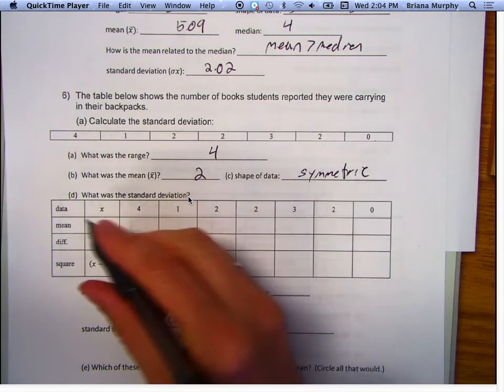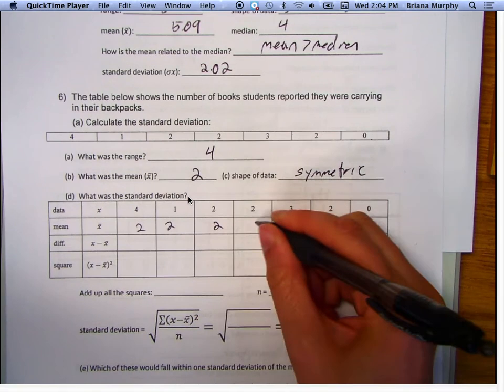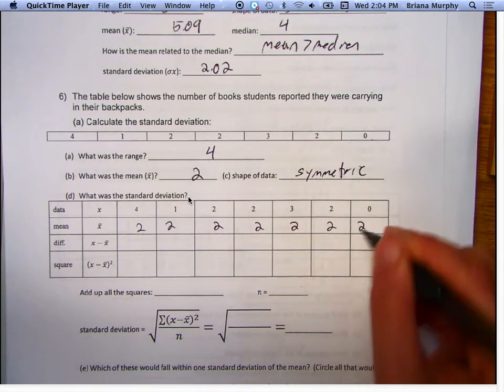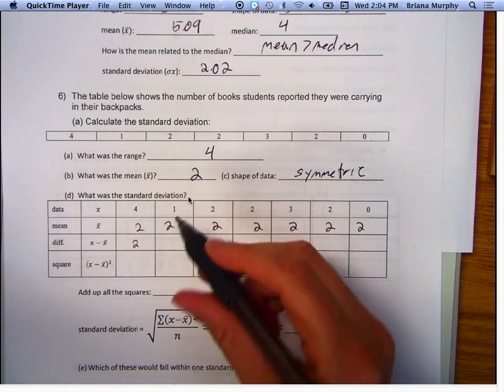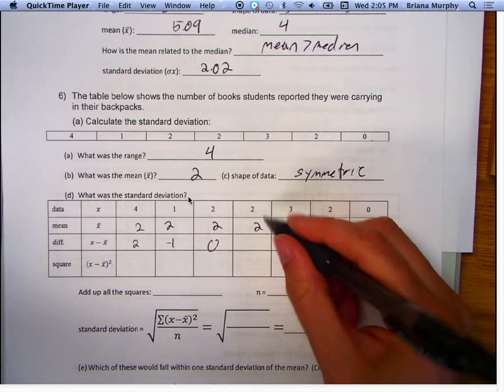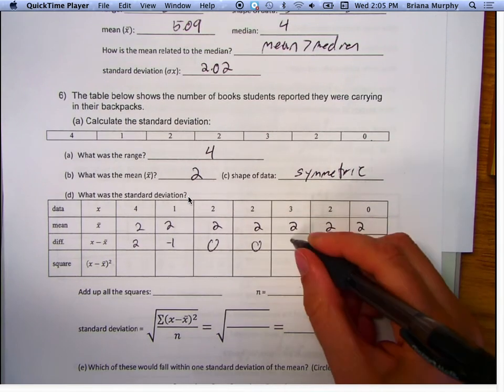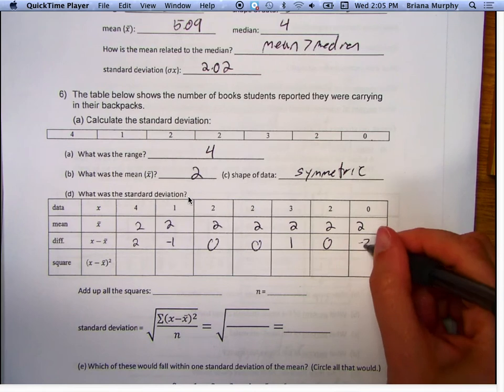Okay, so what is the mean for everything? 2. Okay, 4 minus 2 is? 2. 1 minus 2 is? Negative 1. 2 minus 2 is? 0. 2 minus 2 is? 3 minus 2 is? 2 minus 2 is? 0 minus 2 is? Okay.